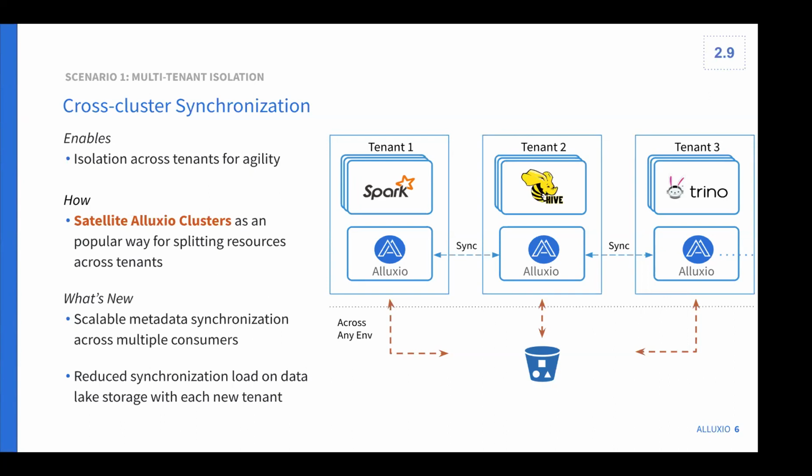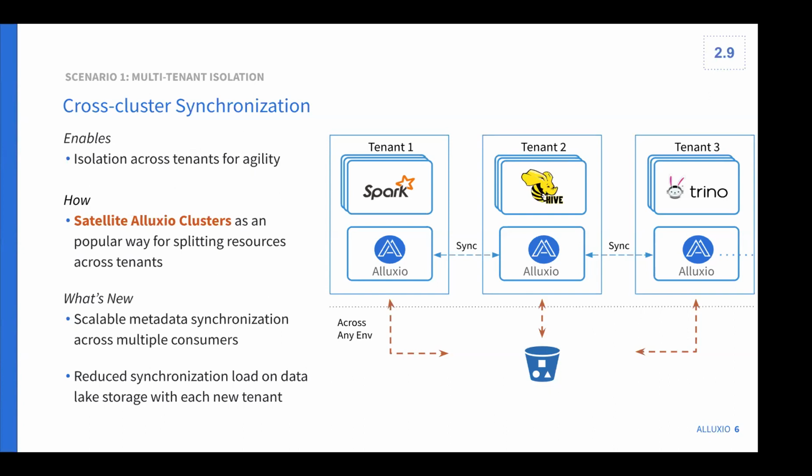So even within a single environment, there are scenarios which would benefit from having multiple Alluxio clusters, and each Alluxio cluster overlapping to some extent on the data sets that they may be accessing. So when I say tenant here, it's really referencing team level tenants, not individual level tenants.